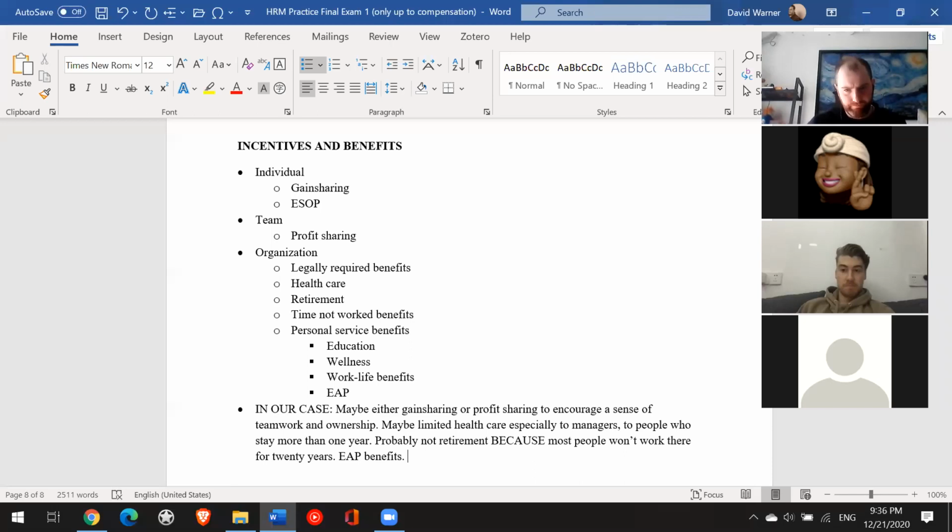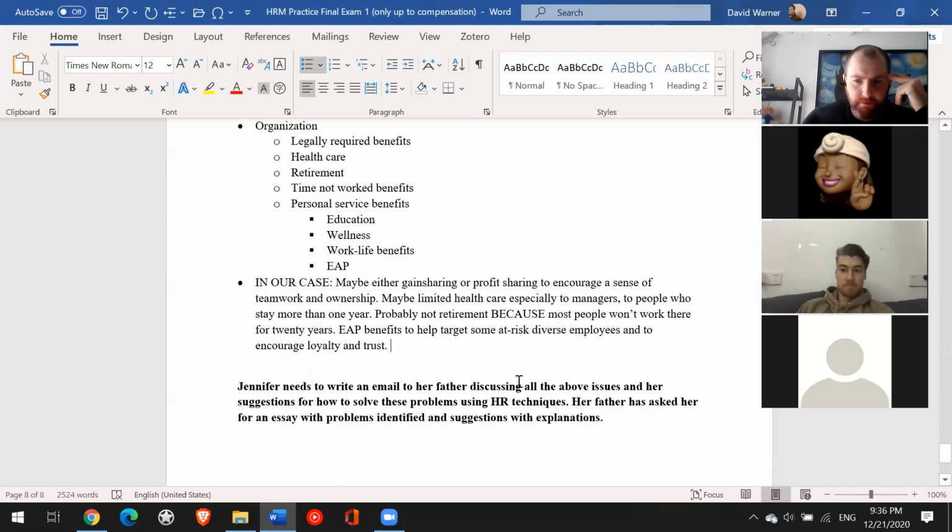So maybe EAP benefits to help target at-risk diverse employees, and to encourage loyalty and trust.